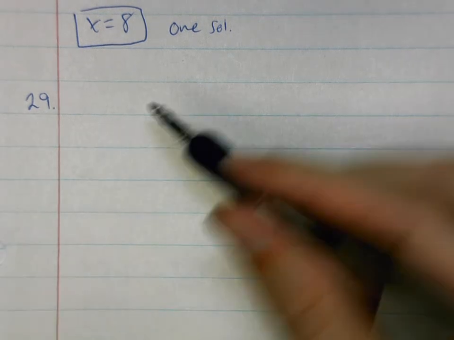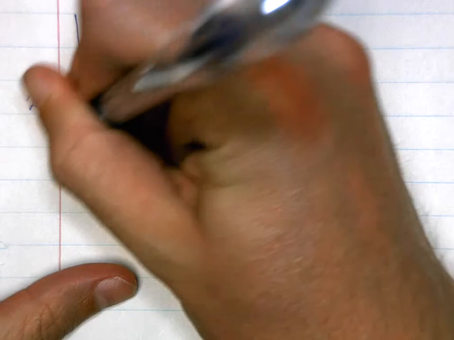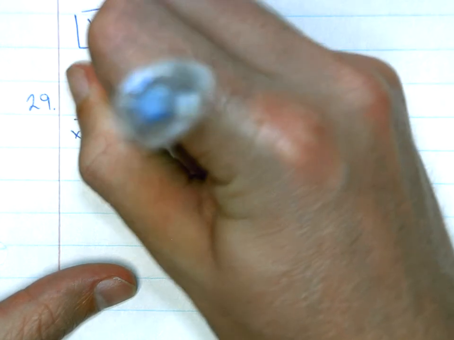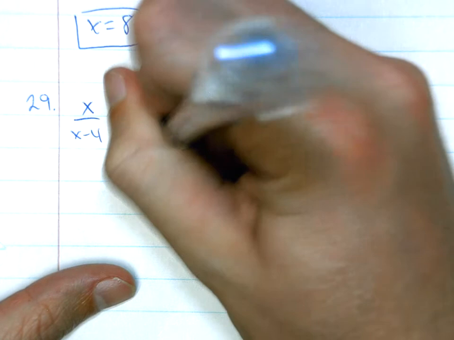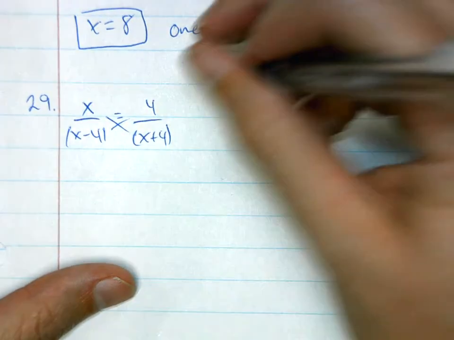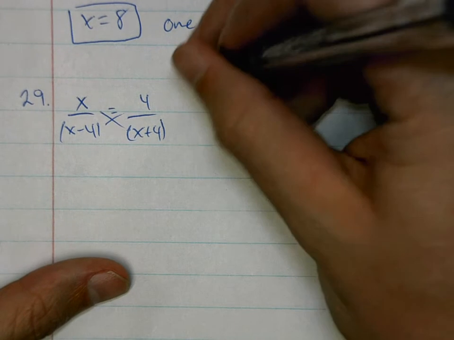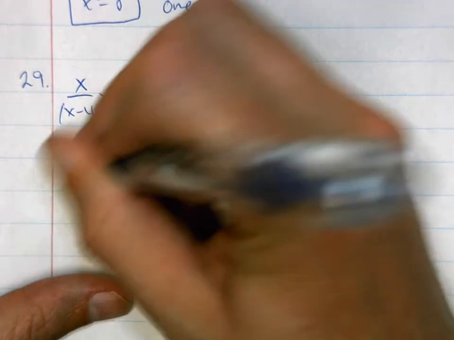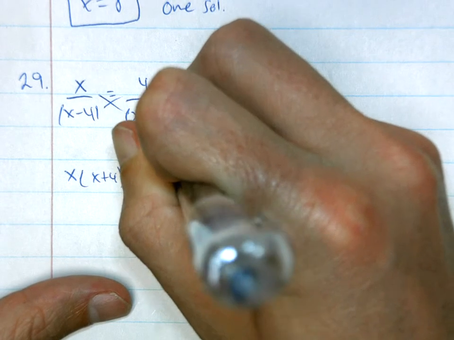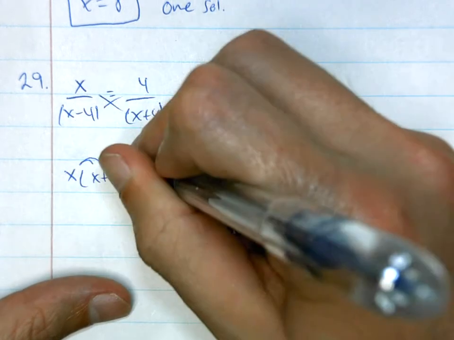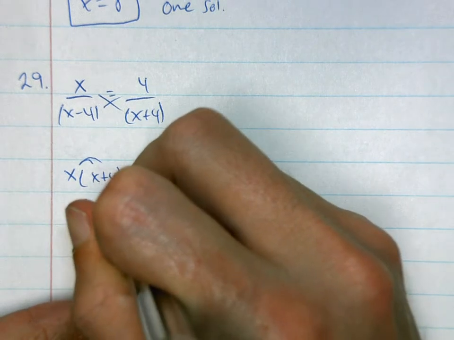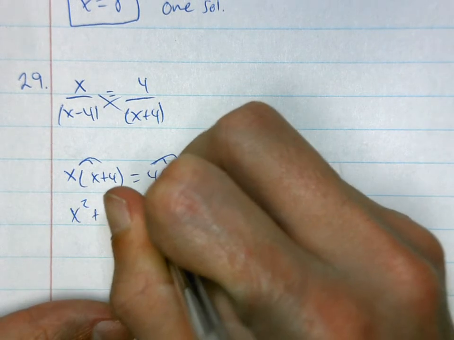29. X over x minus 4 equals 4 over x plus 4. And cross multiply. So we've got x times x plus 4 equals 4 times x minus 4. Distribute. X times x is x squared plus 4x equals 4x minus 16.